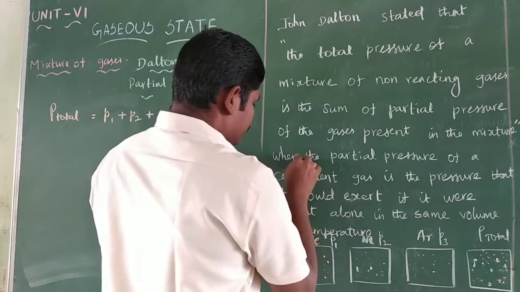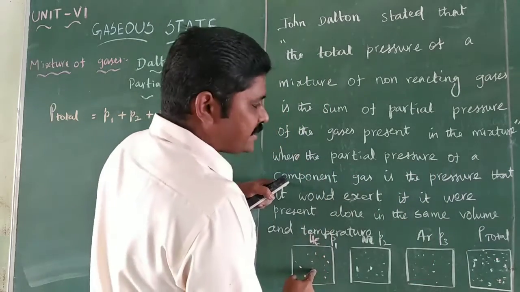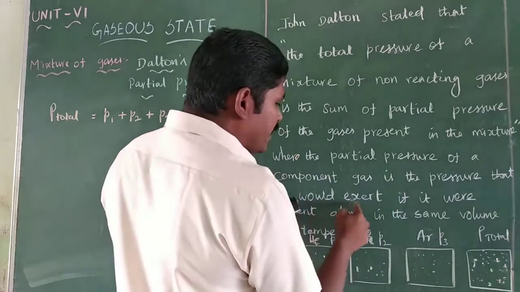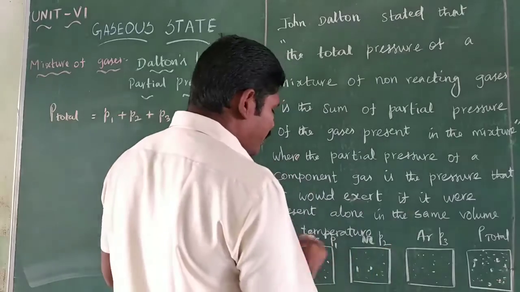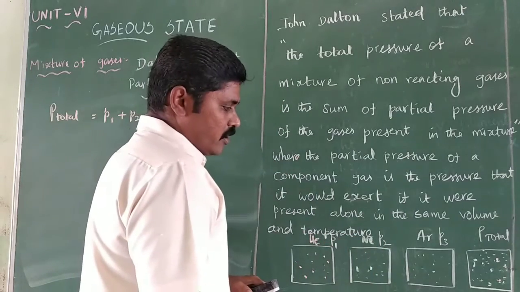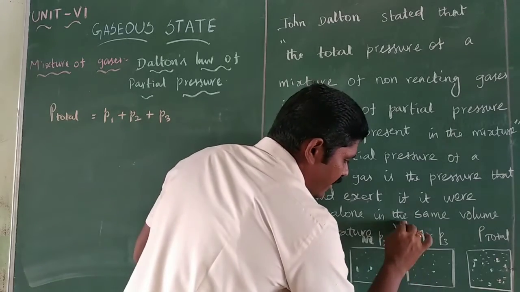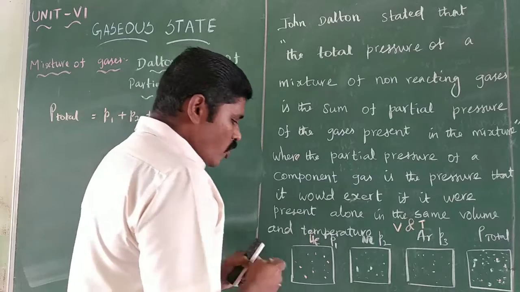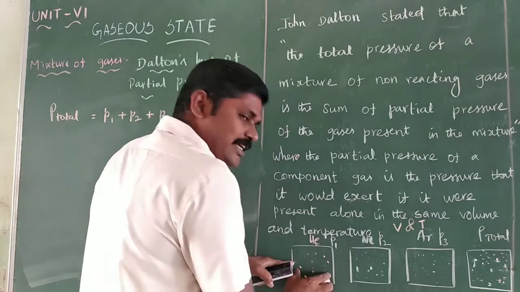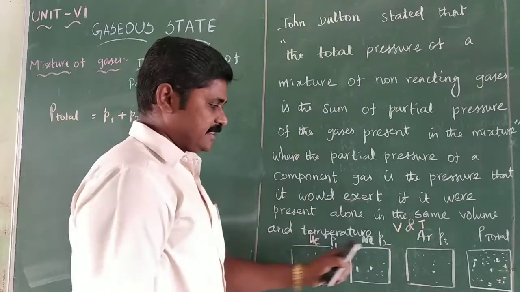Where the partial pressure of a component gas is the pressure that it would exert if it were present alone in the same volume and temperature. So all vessels have the same volume and temperature. The pressure in each individual vessel is called the partial pressure of each gas.